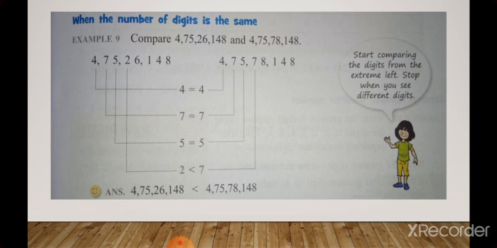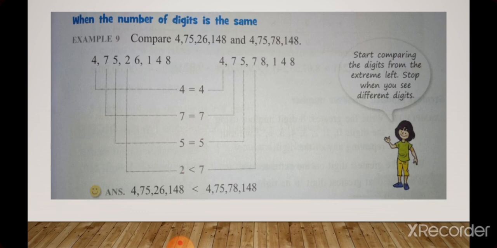In the first number, the third digit is 5. In the second number, the third digit is again 5. So 5 is equal to 5. Go to the next digit. In the first number, the fourth digit from the left side is 2. In the second number, the fourth digit is 7. So now you can see that in the fourth digit of each number we have 2 and 7.